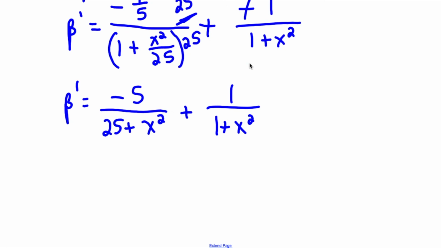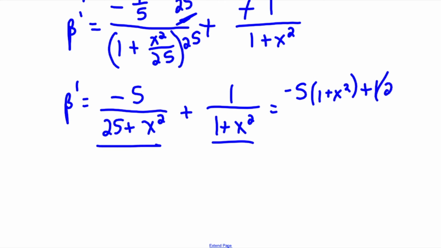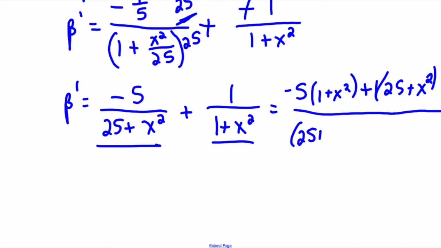So common denominator means I'm going to take negative 5 multiplied by this, 1 plus x squared, plus 1 times this denominator, 25 plus x squared, and that is all over the whole thing then, 25 plus x squared times 1 plus x squared.